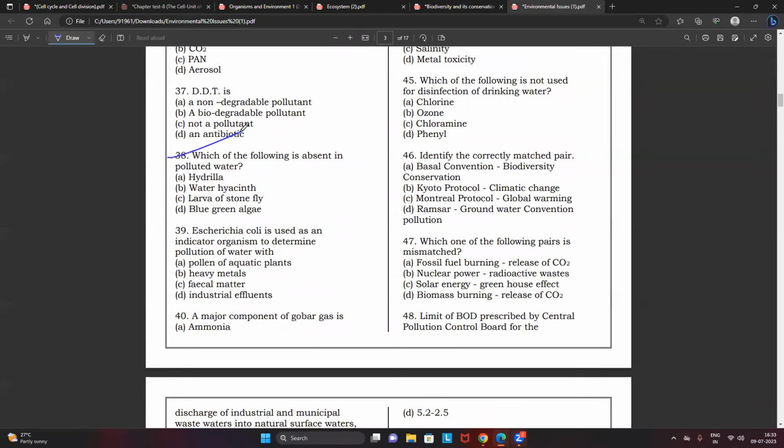Question number 38. Which of the following is absent in the polluted water?